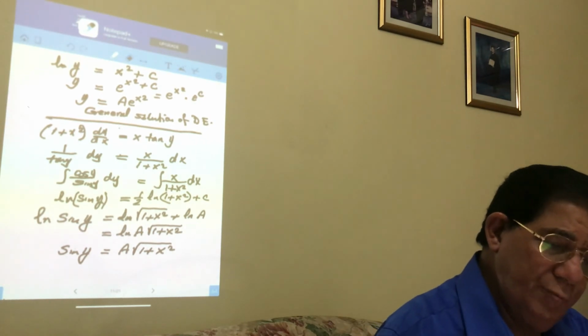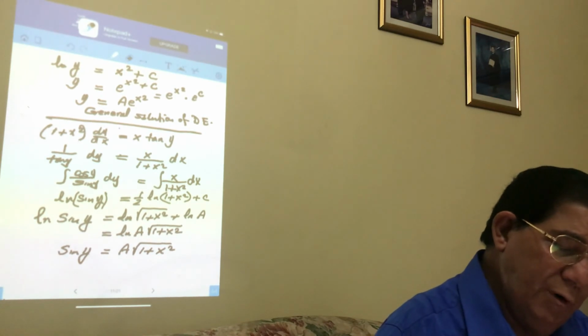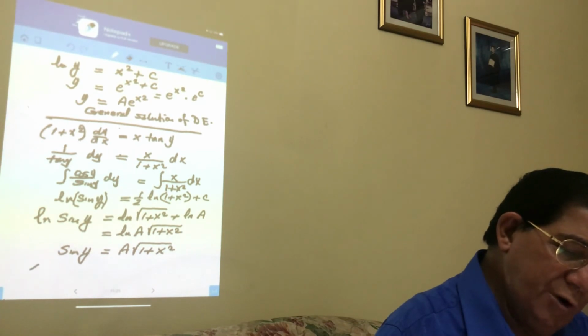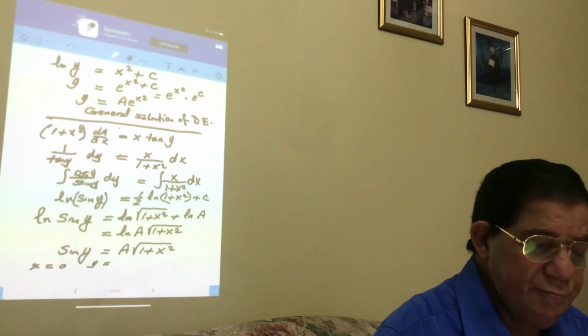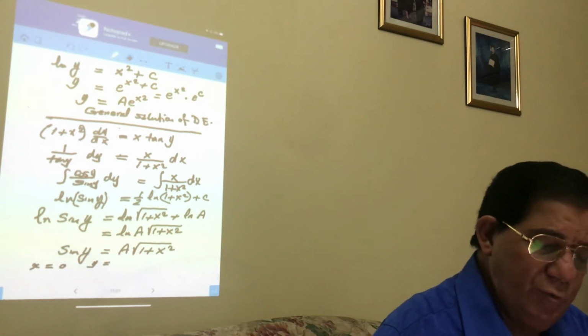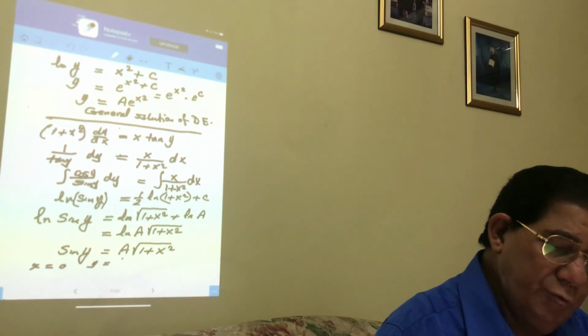Now, we could be given, for example, that when x equals 0, y equals pi over 2.